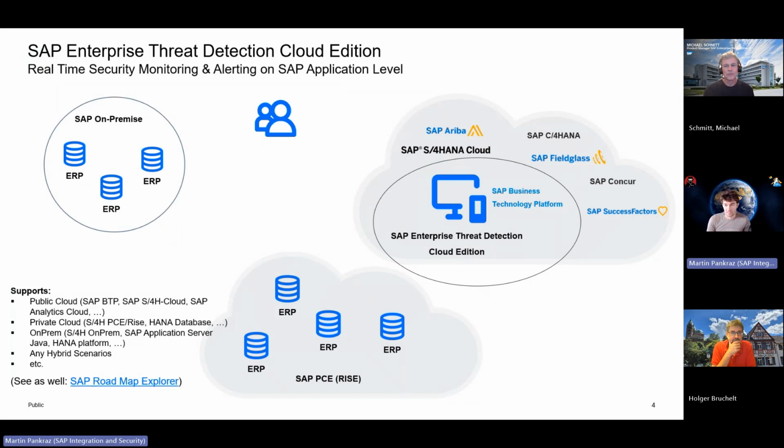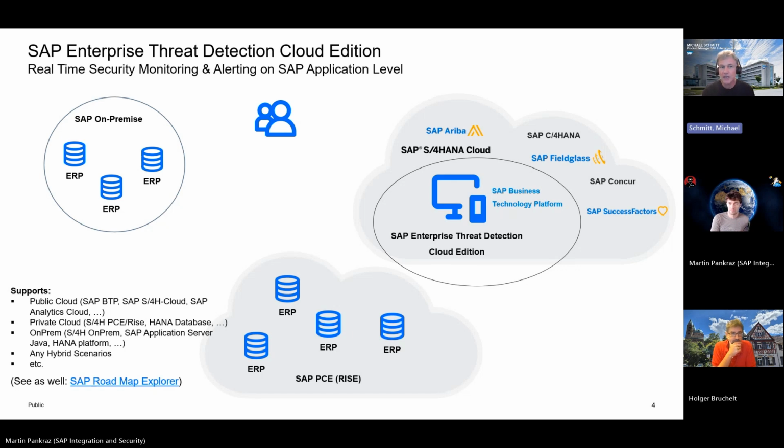All right. A couple of words here, Michael, on what ETD covers. Yeah, exactly. So we thought about what ETD covers and how we can provide additional value to Microsoft Sentinel at the end of the discussion. First of all, what does SAP Enterprise Threat Detection Cloud Edition do? Holger, you mentioned it already.